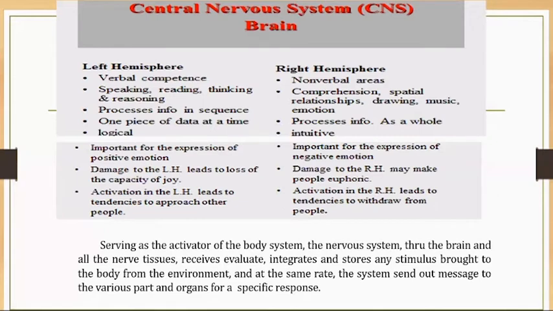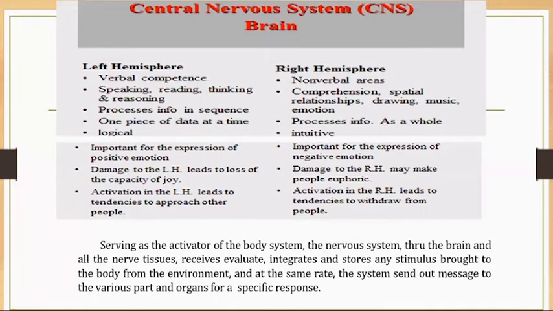When your left hemisphere is active, you have the chance to be very active in talking with people, you are happy. But activation of the right hemisphere leads to tendencies to withdraw from people. You say, I'm not good today, don't talk to me. That is the situation.